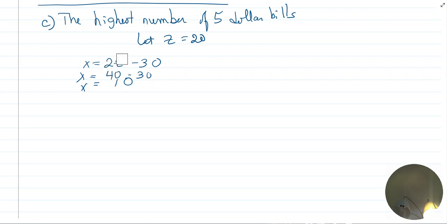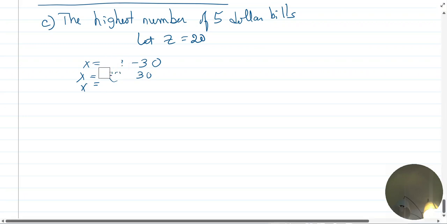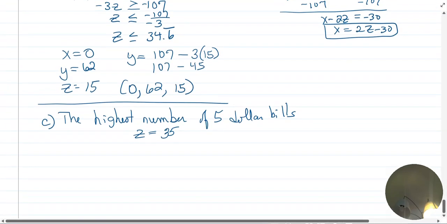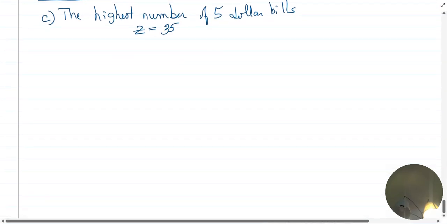Should have 40. Sorry about that. Let me look at this. Not 20. I would do the 35. Okay, 35. That's the highest number. I don't know why I said 20. I think I was just messing up on that. z has to equal that 35 because it's right over the edge. And we wouldn't have 34 and work it that way.